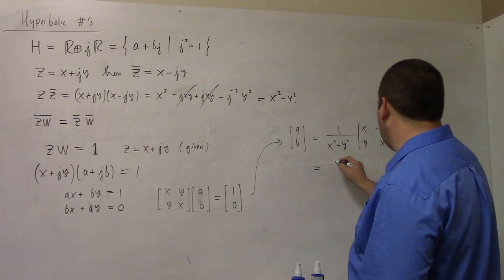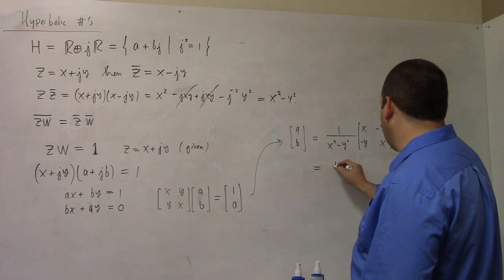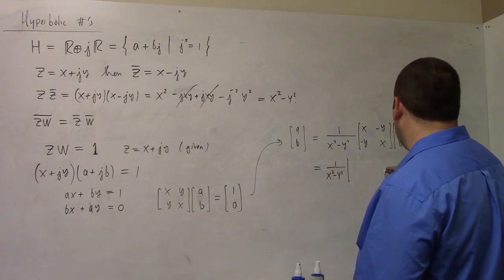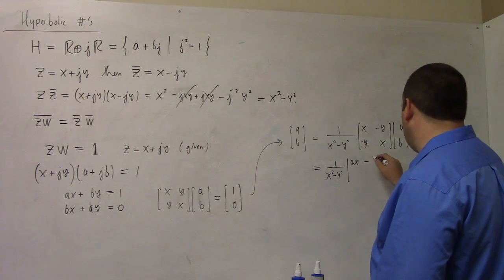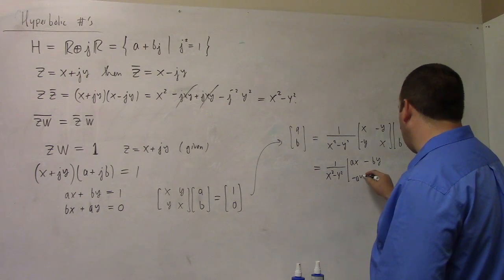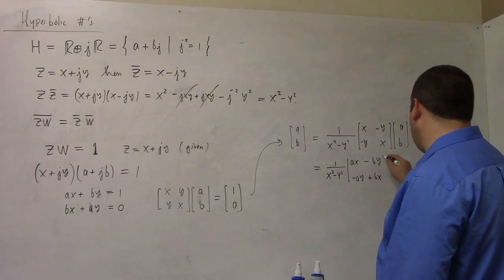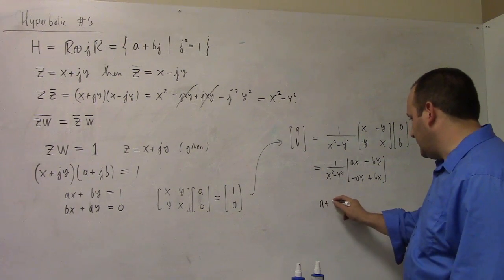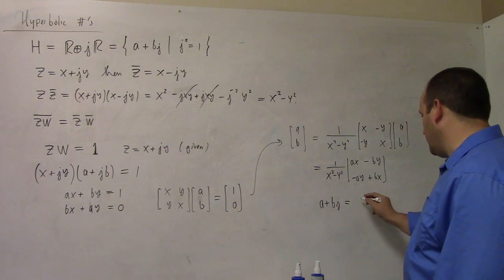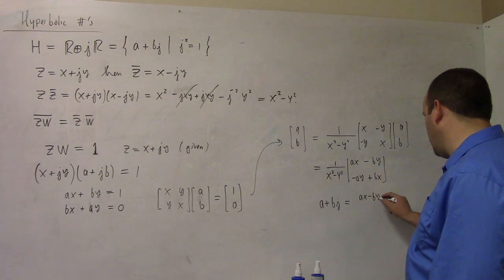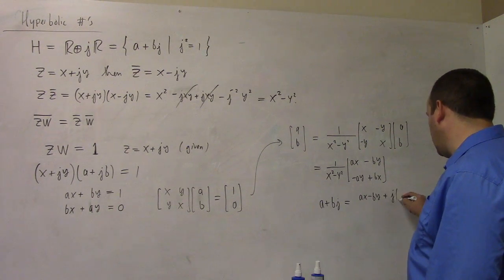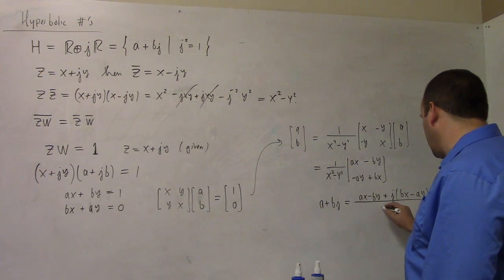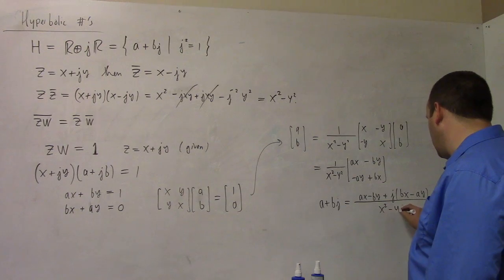So that gives me 1 over x squared minus y squared, that's ax minus by, this is minus ay plus bx. In other words, we get a plus bj equals ax minus by plus j times bx minus ay over x squared minus y squared.